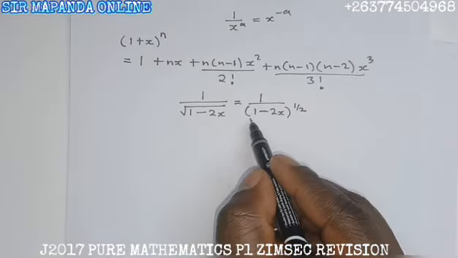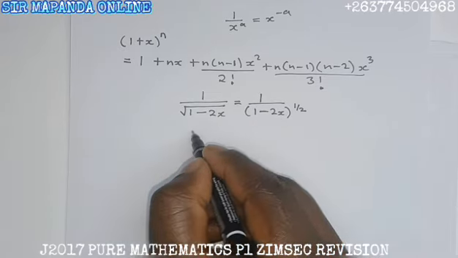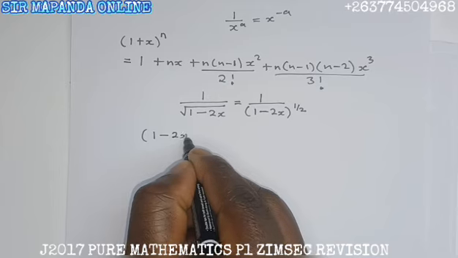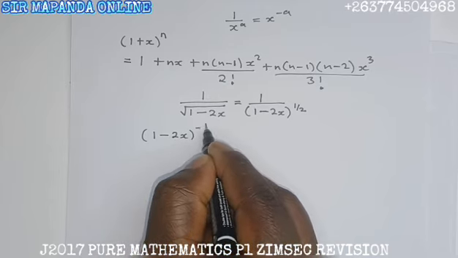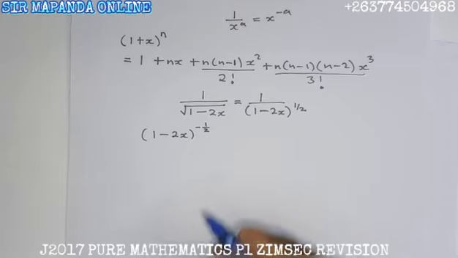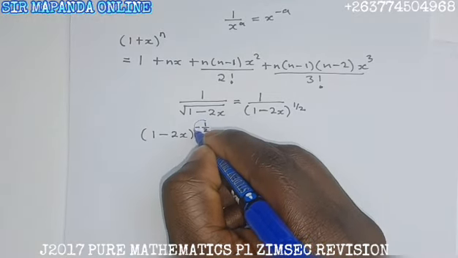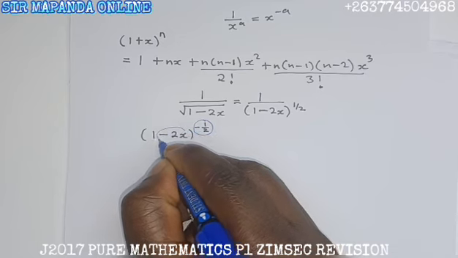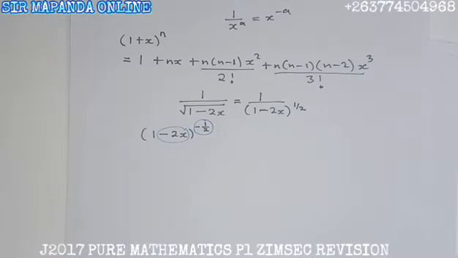So 1 over (1 minus 2x) to the power of half can be treated as (1 minus 2x) to the power of minus half. From the look of things, our power n is going to be represented by minus half. Then on x, we are going to insert minus 2x. I hope you are following.